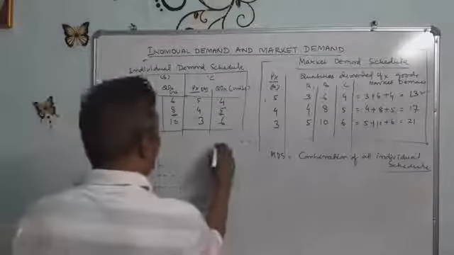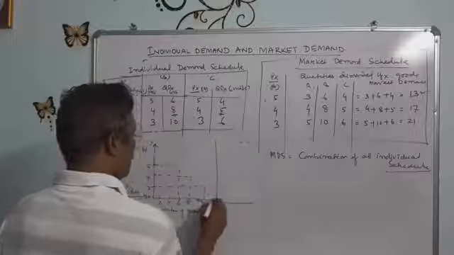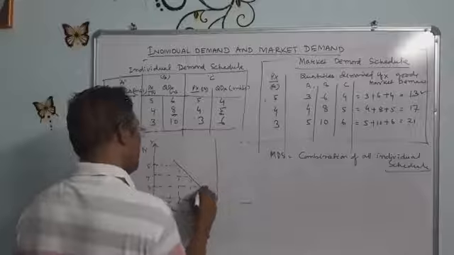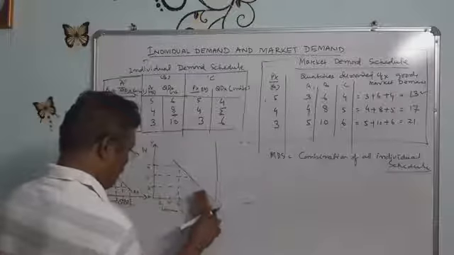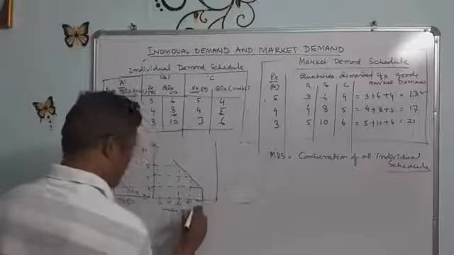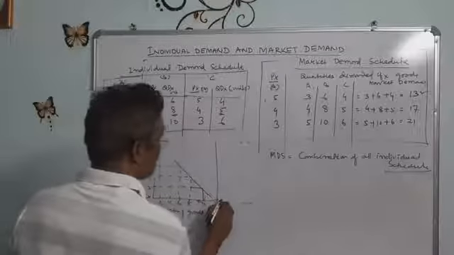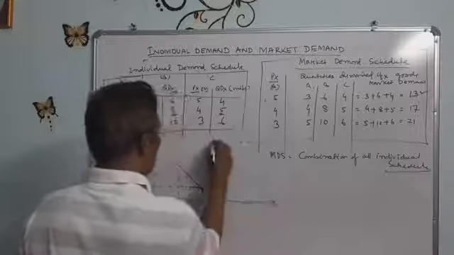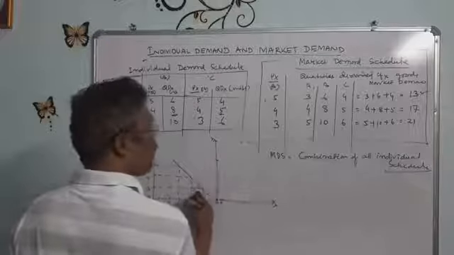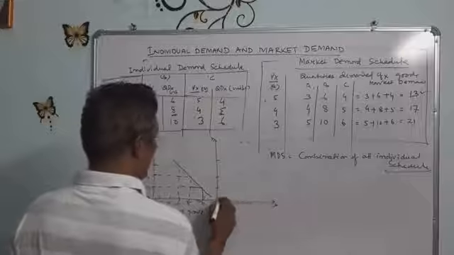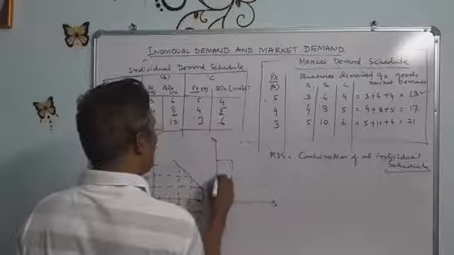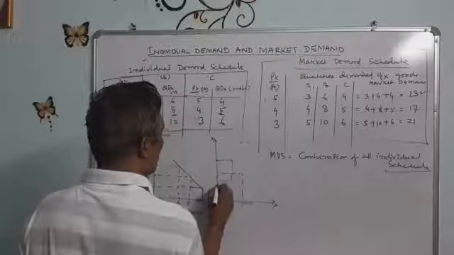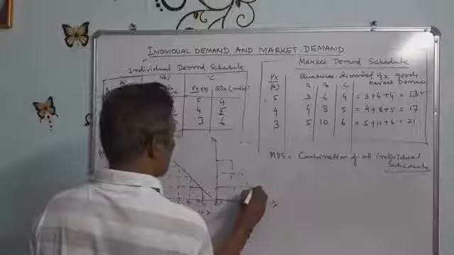Similarly, in C's case, with OX and OY and prices 3, 4 and 5, the demand is 5 rupees, 4 units; 4 rupees, 5 units; and 3 rupees, 6 units.